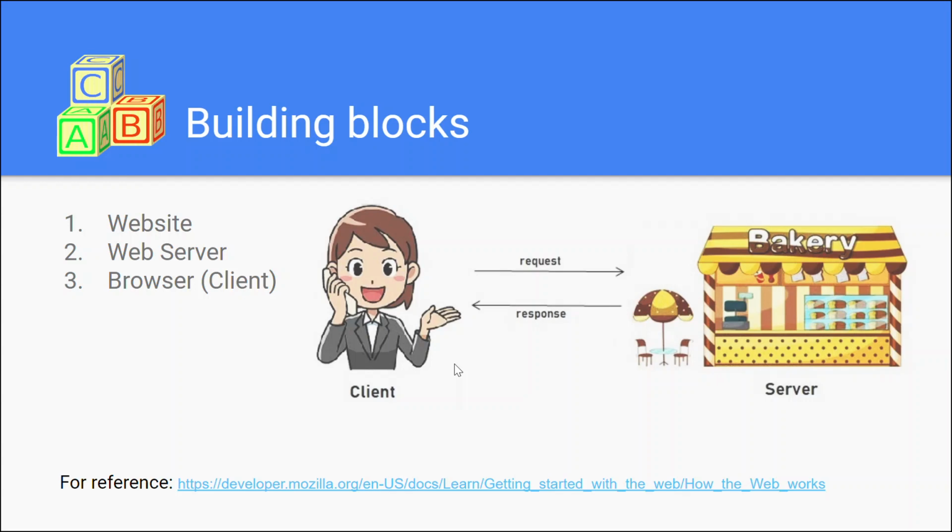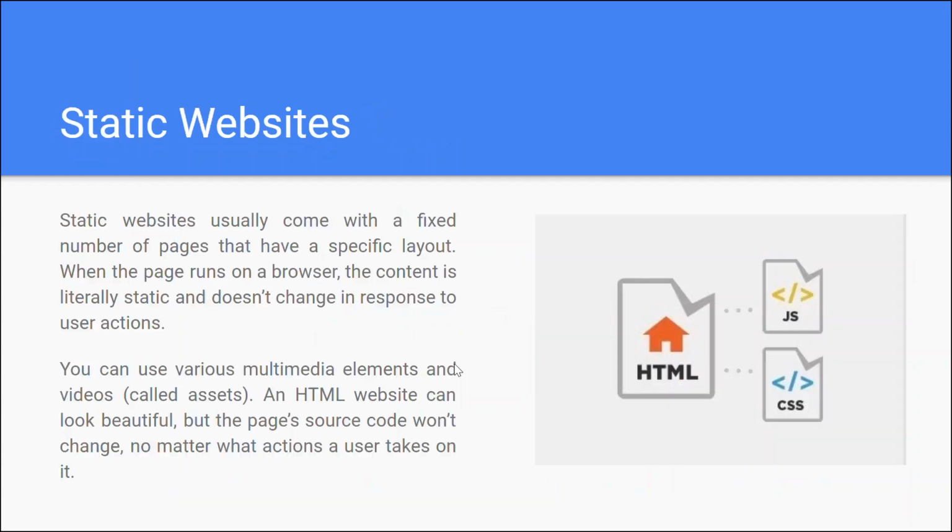We'll see what a static website is first, and then a dynamic website. Static websites are basically the components that involve the least interaction from the backend. They include HTML, CSS, JavaScript, and files like images, audio, or video, but they don't require continuous interaction with the server.